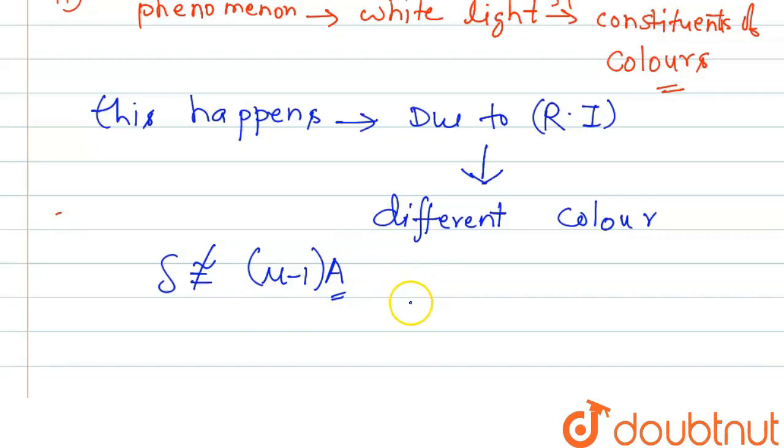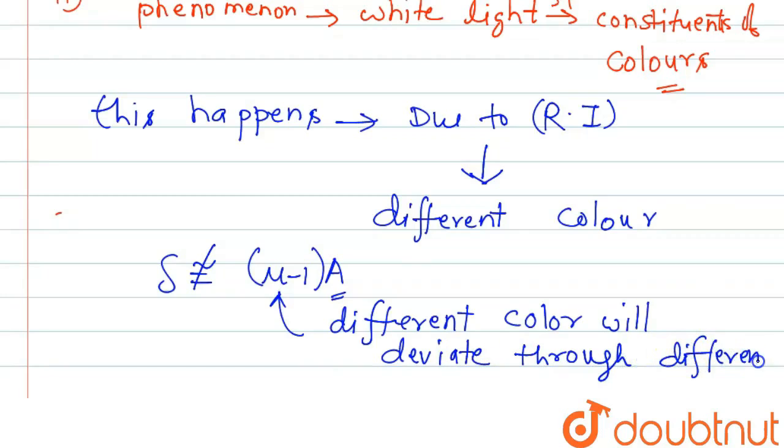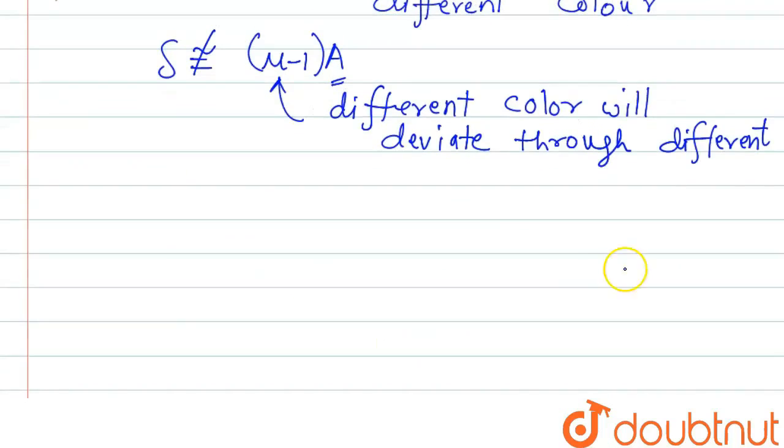So different colors will deviate through different amounts because of this.